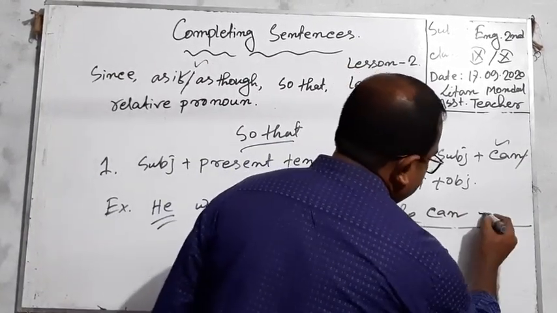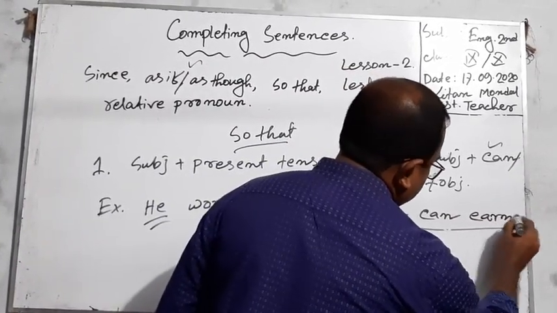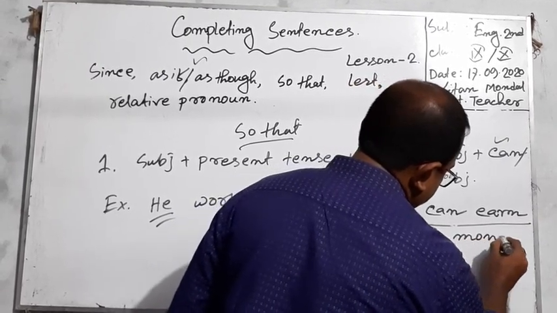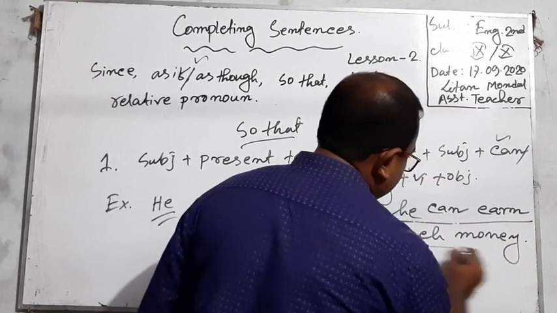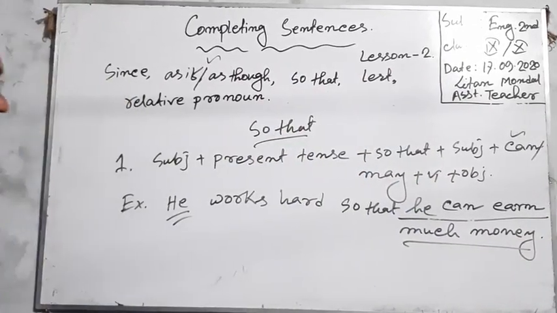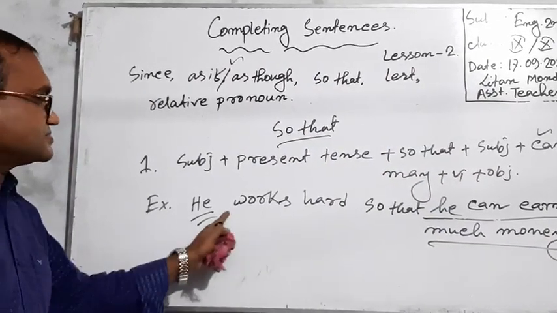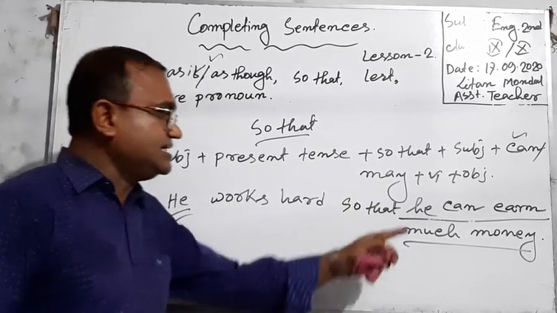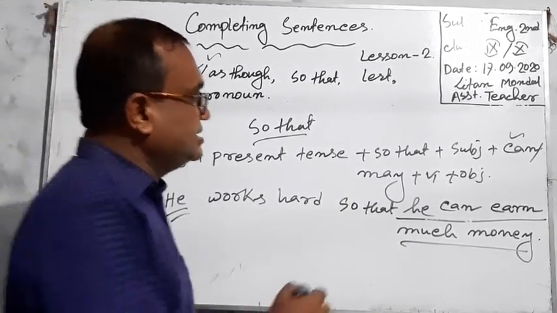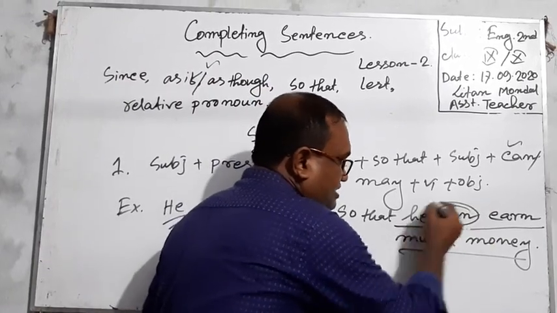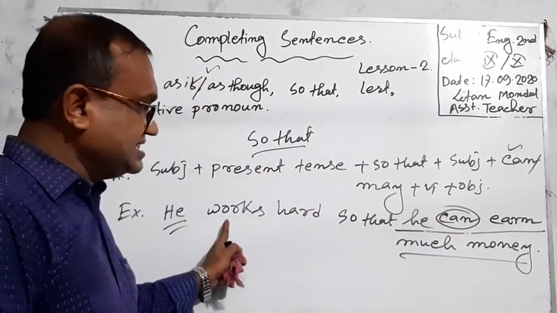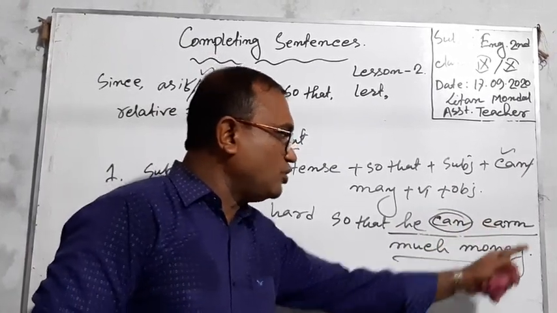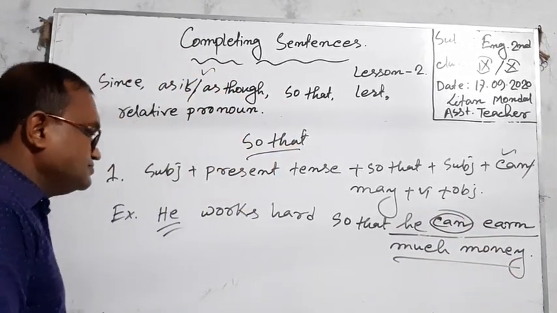He can earn much money. Okay? Yeah, I think this is clear to you. He works hard. This is also present indefinite tense. And the next portion after so that, I have used the present form of modal for present indefinite tense. And then after modal, we know that the verb is always in present form.